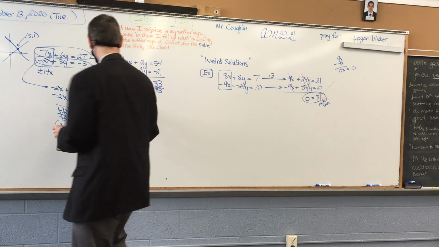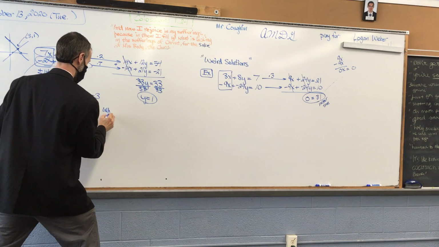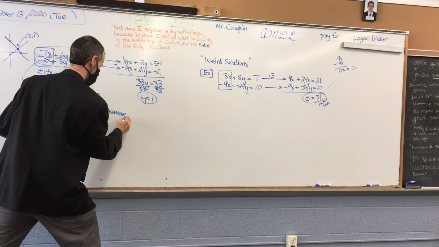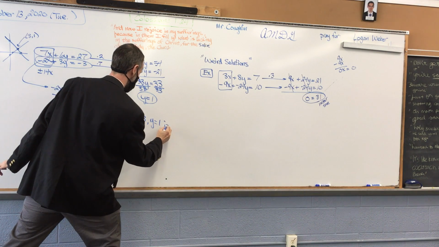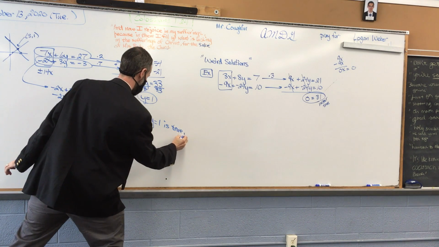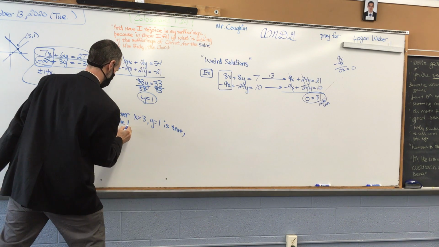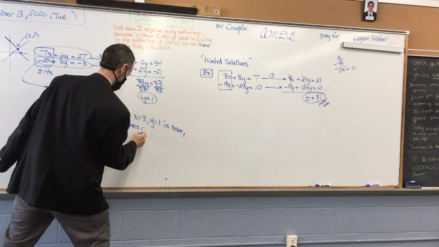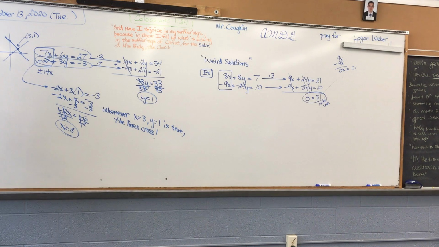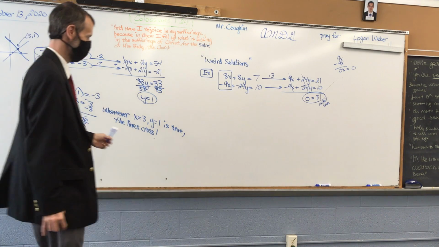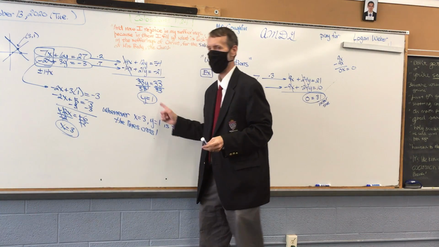So in other words, whenever x equals 3 and y equals 1 is true, the lines cross. Write that down. Whenever x is 3 and y is 1, the lines cross, and that only happens once at 3, 1. You notice they only cross once.